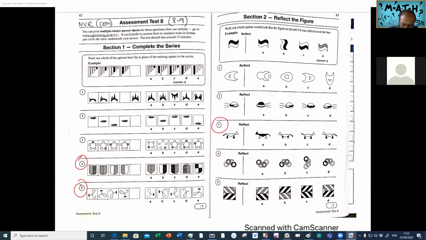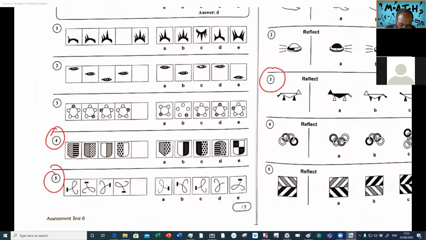Okay, let's have a look at assessment test 8 then. Question number 4, section number 1, complete the series. So let's have a look what's happening here.